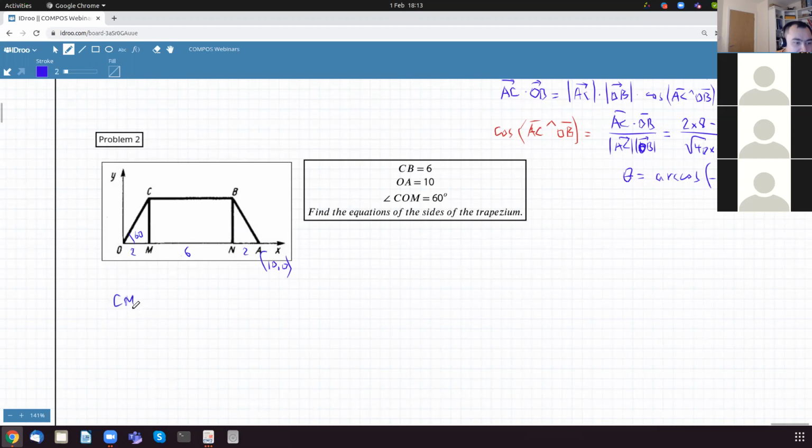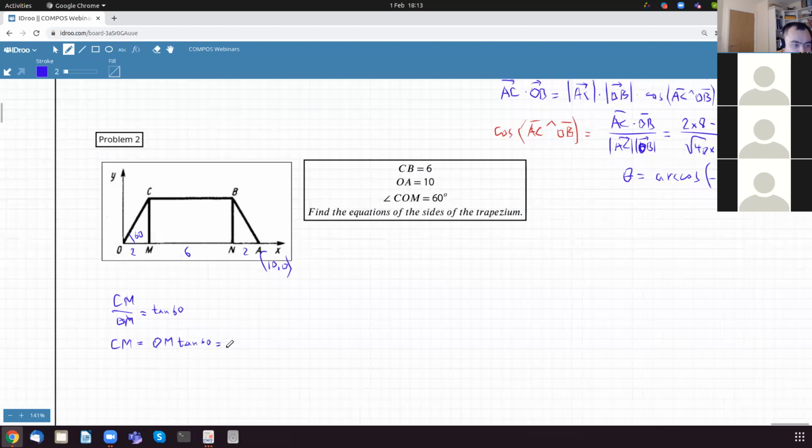CM divided by OM is equal to tangent of 60. Sorry for the handwriting. CM over OM. So CM is equal to OM tan 60.